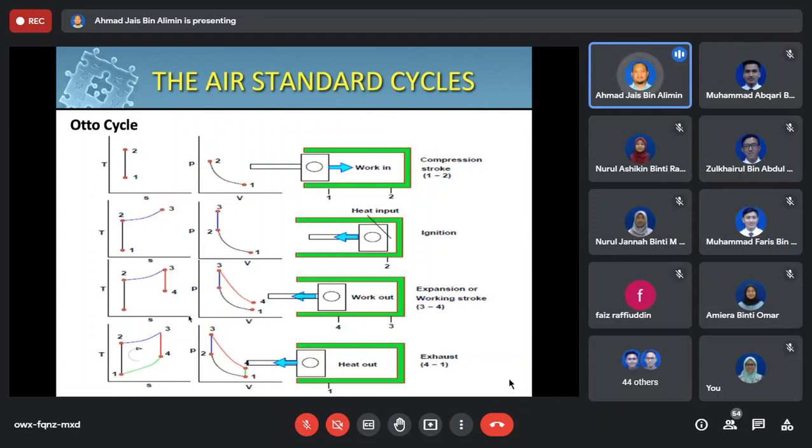And the good thing about having the TS sketch is that you can show the isentropic process and how it relates to the position of the piston. Sometimes how it can affect the value of pressure.